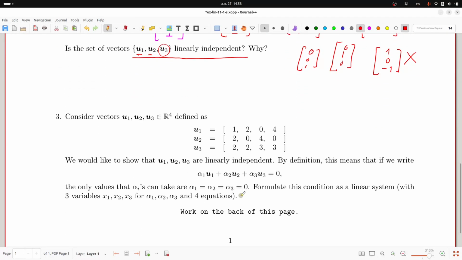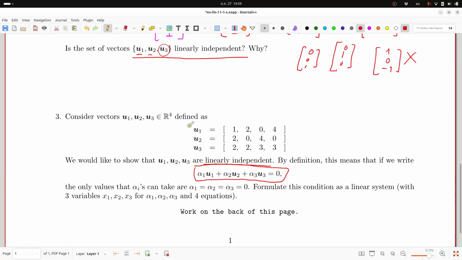But mathematically, if you would like to check whether vectors are linearly independent, you can check this with this condition. This is a vector equation, but you can write it as a linear system. Let me do that really quickly, because we don't have that much time.